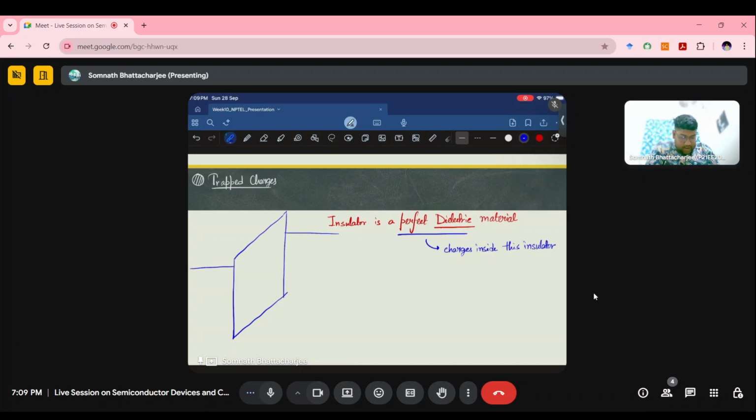There are several phenomena. First, there can be some mobile ions. These mobile ions can be present due to clean room conditions. When you are fabricating this device, there may not be enough cleanliness in the room, or there may be some dust particles or iron particles.